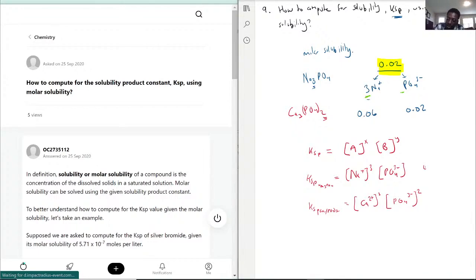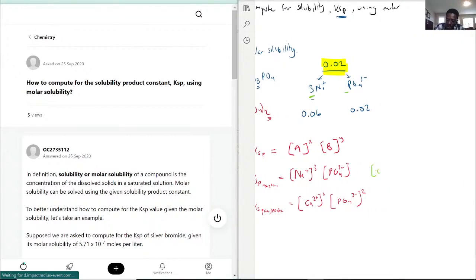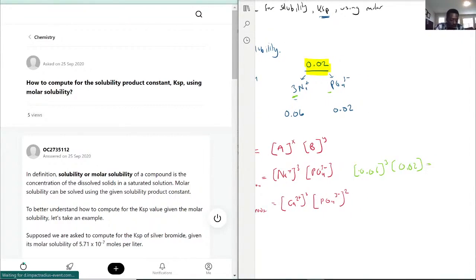With these made up numbers, 0.06 cubed and 0.02 would equal 4.32 times 10 to the negative 6.